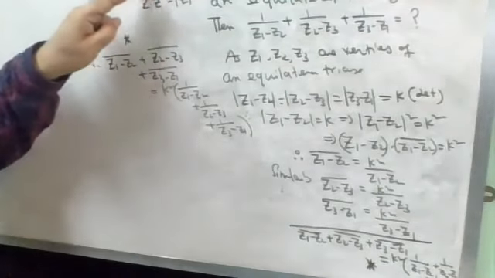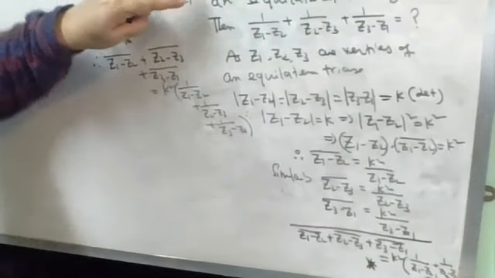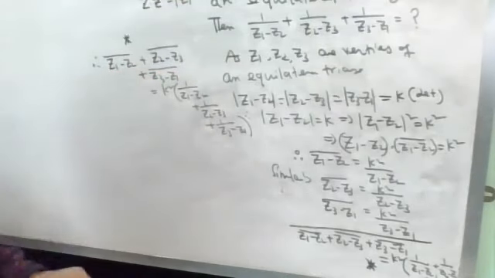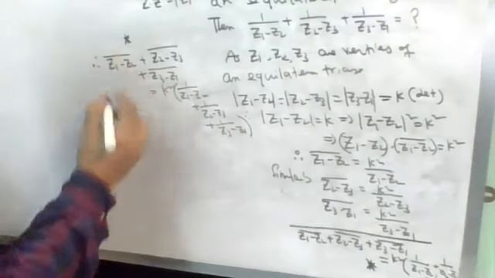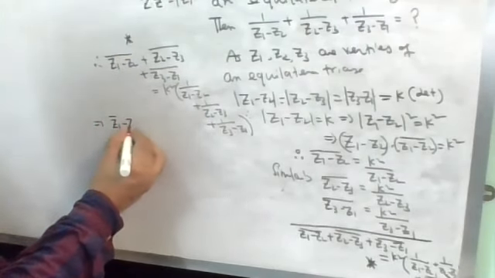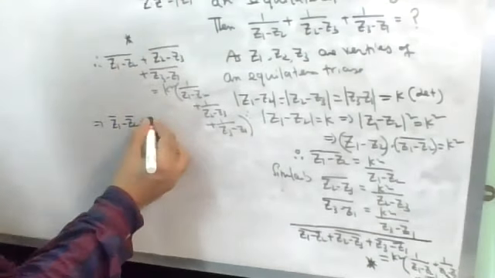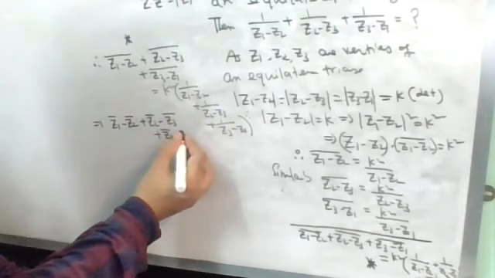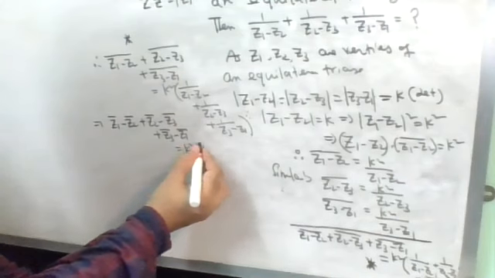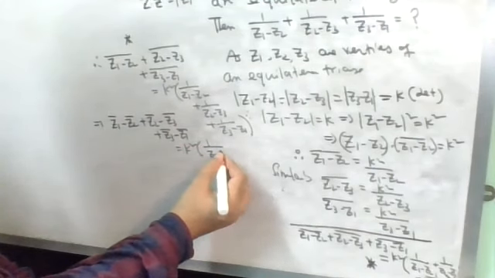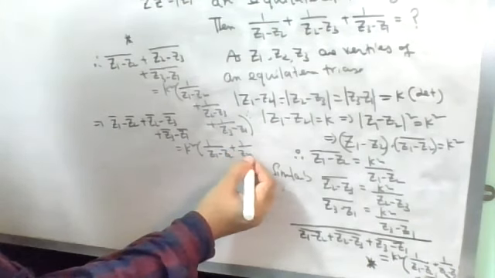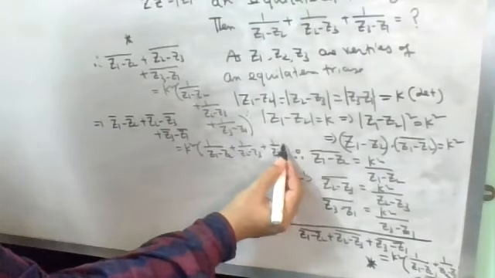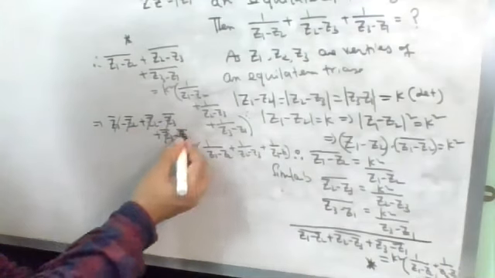According to this rule, the splitting of the conjugate sign, I can split up each term. So Z1 bar minus Z2 bar plus Z2 bar minus Z3 bar plus Z3 bar minus Z1 bar is equal to k square times the sum. All terms will get cancelled.